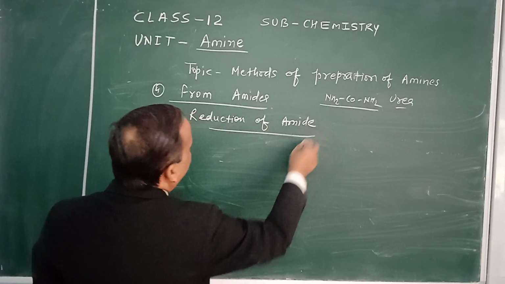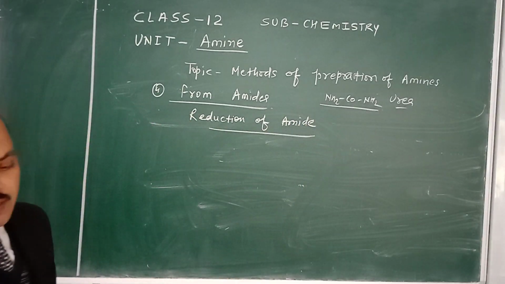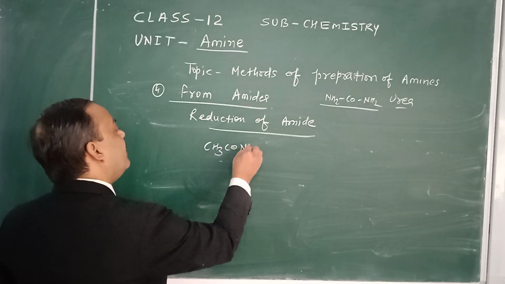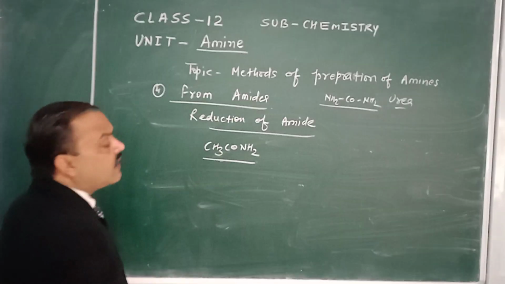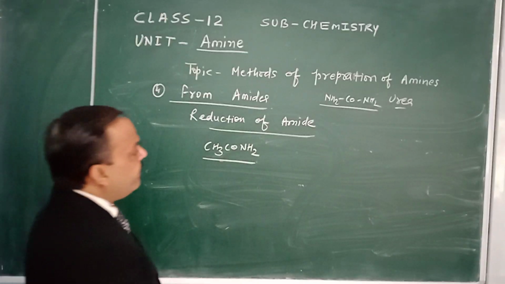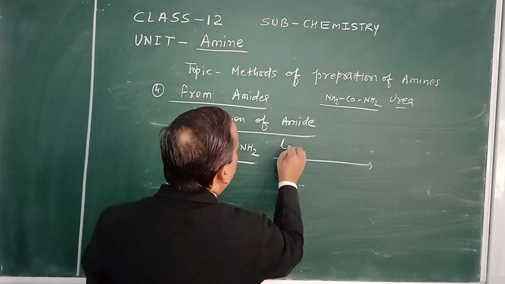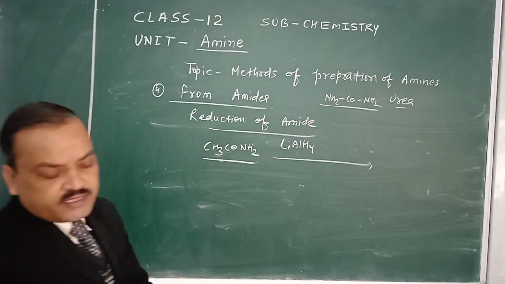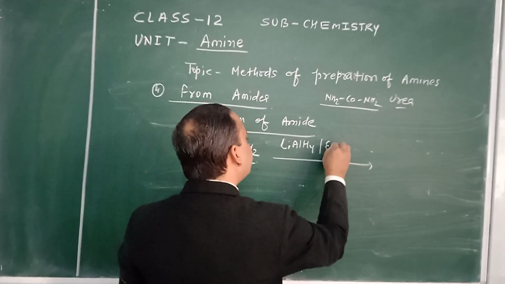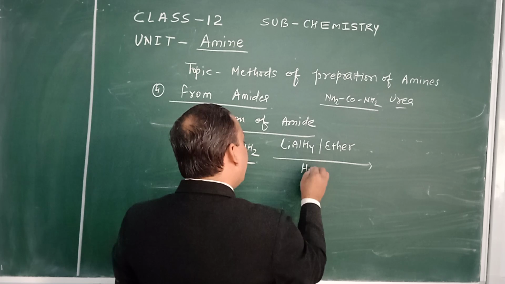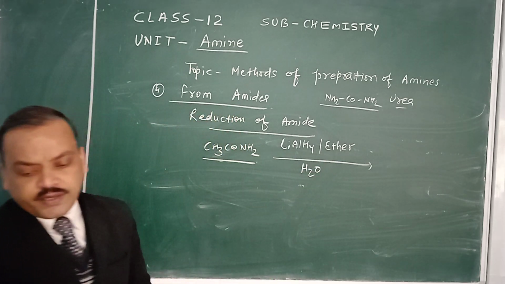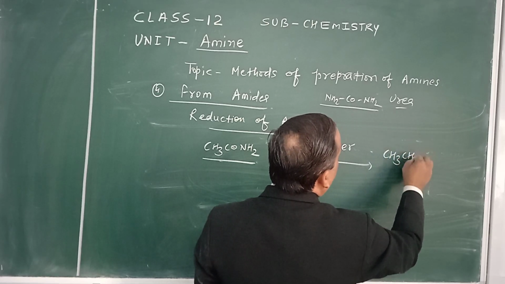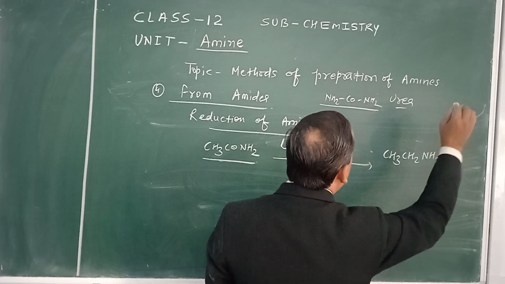When we reduce the amide compound, we get the amine. First, CH3CONH2, where two carbons are present. When we reduce this compound in the presence of lithium aluminium hydride, ether and water, from this amide we get the amine CH3CH2NH2.